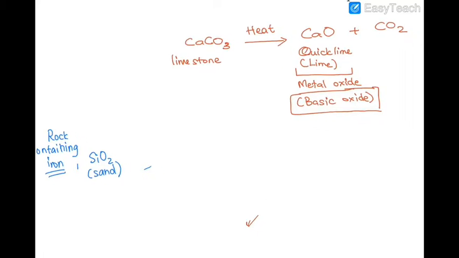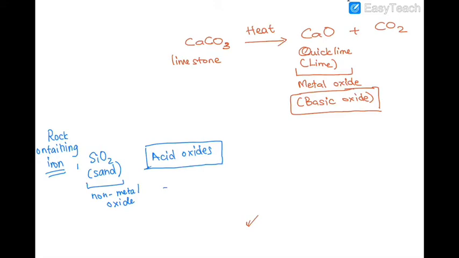Now, silicon dioxide is a non-metal oxide, and non-metal oxides are acidic oxides. So you have an acidic oxide from the rock, which is sand, and you are adding calcium carbonate, which is going to decompose to give you calcium oxide, which is a basic oxide.